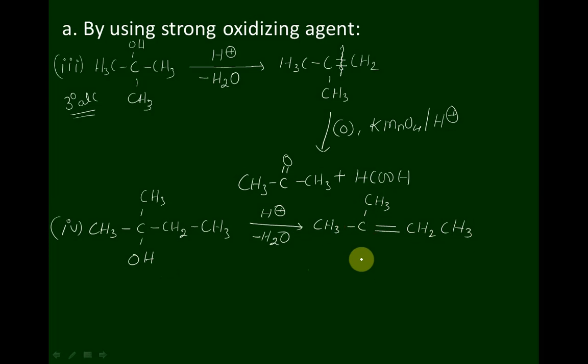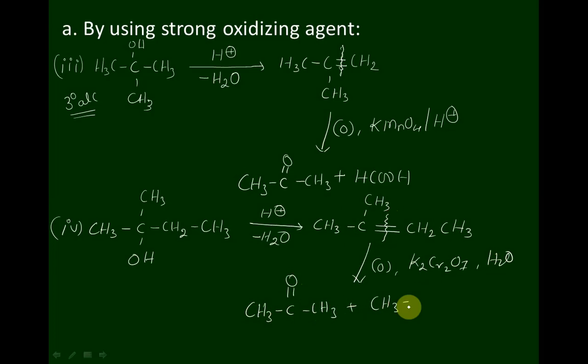Now this compound is subjected to oxidation in the presence of K2Cr2O7 and H2O. Here the oxidation takes place. This group gets converted into CH3, C double bond O, CH3, plus this group: one group remains like this, CH3, and this CH2 gets converted into COOH.